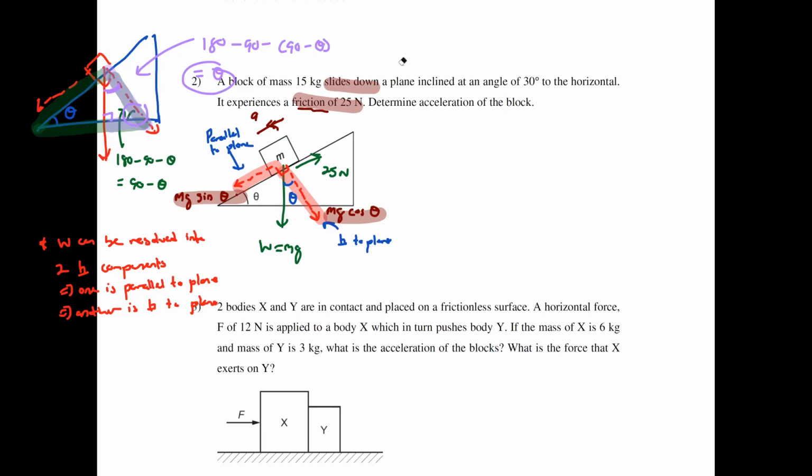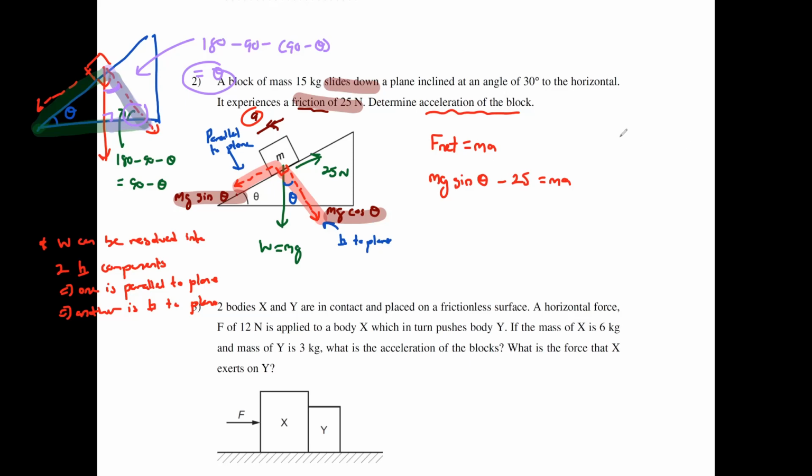All right, so right now the question just wants you to find out the acceleration of the block. So Fnet is equal to ma. The Fnet here will be mg sine theta minus 25 equals ma.